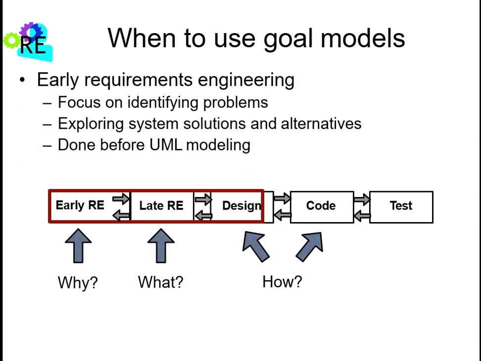When to use a goal model? This is normally done in early requirement engineering. This means it should be done before UML modeling. Why? Because goals should be clarified and defined first.